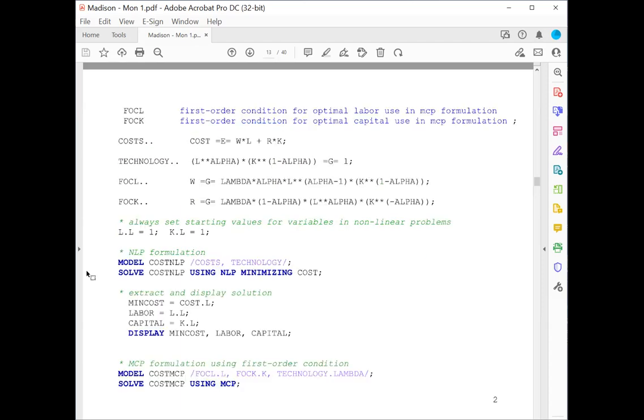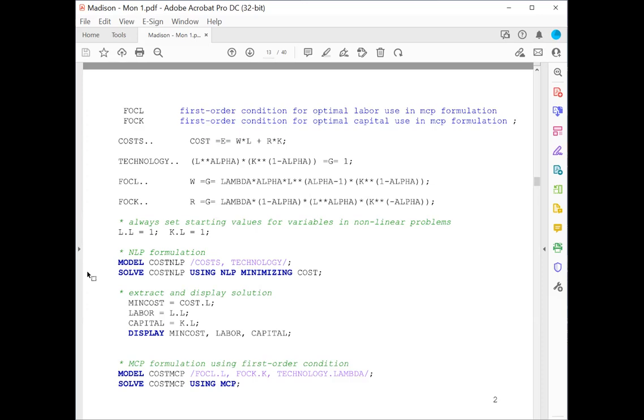Formulated as an MCP, and again, this is how a student would solve it, or I would have solved this using analytical methods, you take the two first order conditions of the Lagrangian equation and solve those.